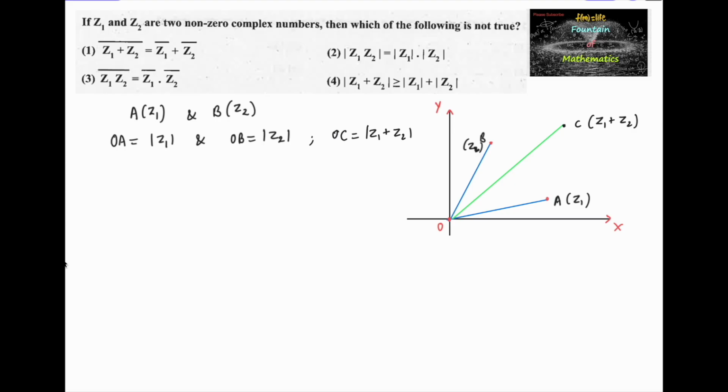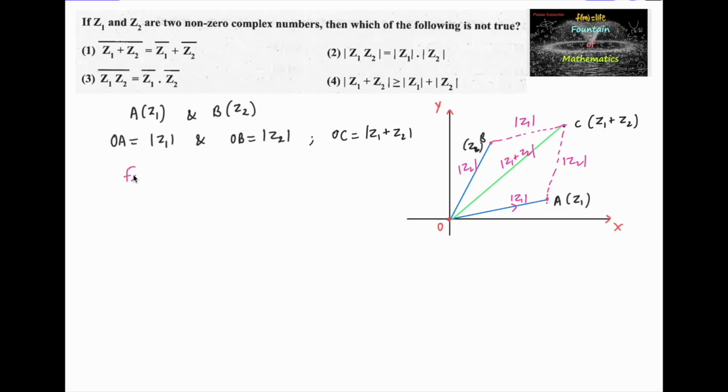Let us complete the parallelogram. So that OA and BC will be the same, mod of Z1. And here AC and OB will be the same, that is mod of Z2. And OC is equal to mod of Z1 plus Z2.